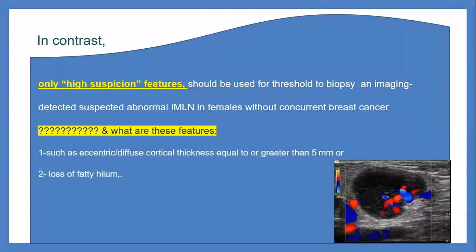So if there is eccentric or focal or diffuse cortical thickening equal to or greater than 5 millimeters, or complete loss of fatty hilum, or the cortex becomes deeply hypoechoic or cystic, necrotic cortex, or the cortical vascularity as we described.